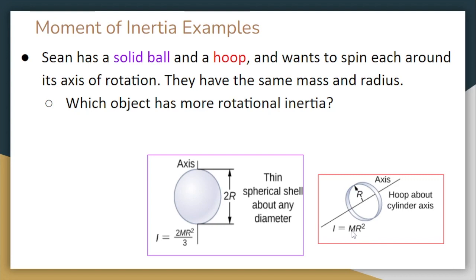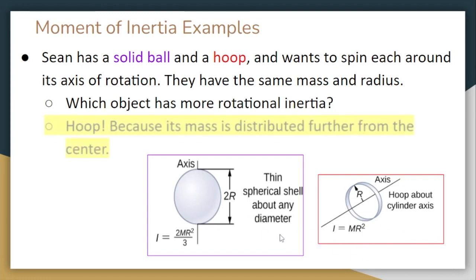The hoop's equation is mass times radius squared, whereas the sphere is 2/3 mass times radius squared. Therefore, the hoop is going to have a greater rotational inertia than the sphere. Another way of thinking about it is that the hoop's mass is distributed further from its center, and because the mass is further from its center, it's going to be more difficult to move.